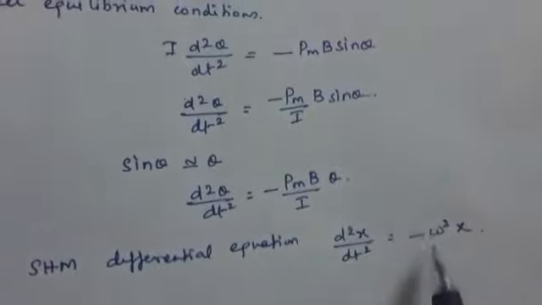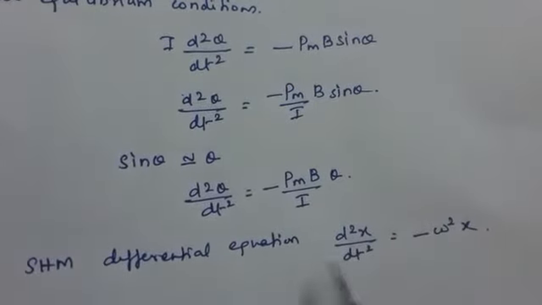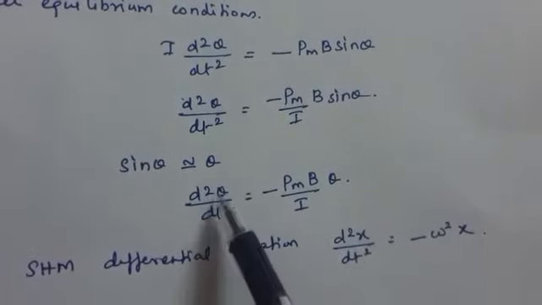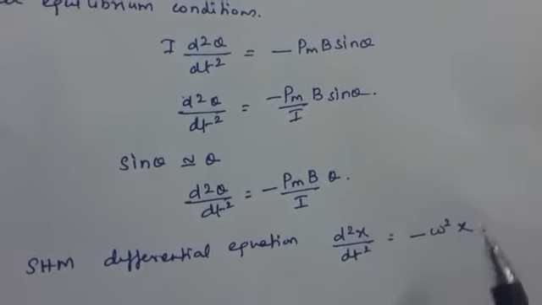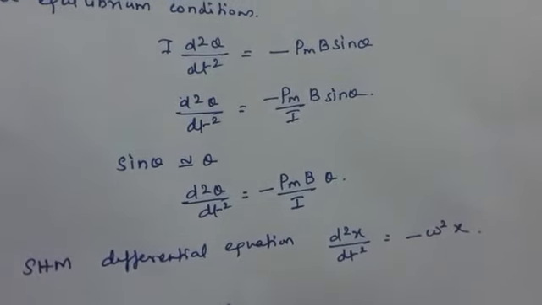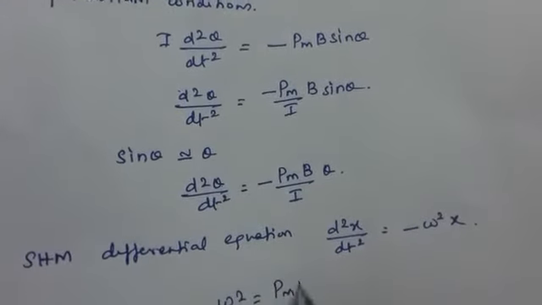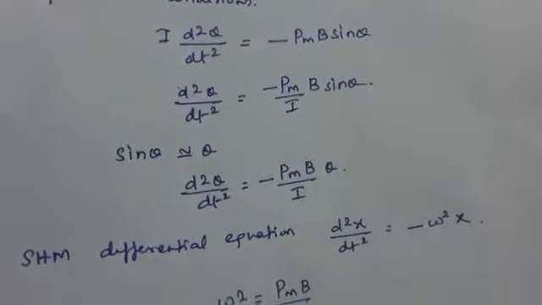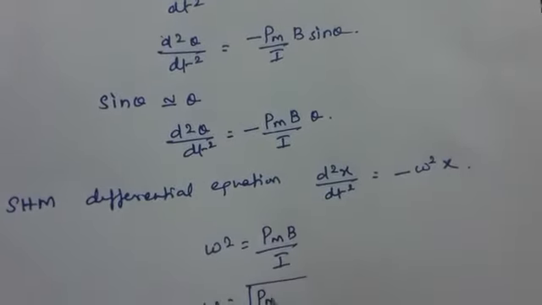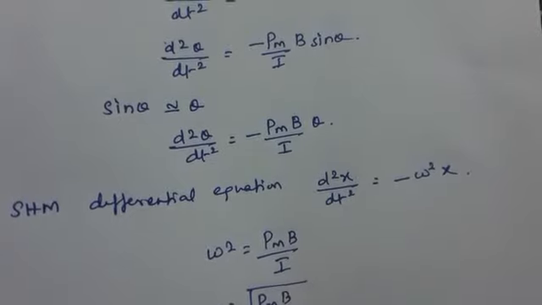So, when we compare these two equations, here it is theta, there it is x; here it is angular displacement, there it is linear displacement. Here omega square is equal to PMB by I. We can compare it. So what is your omega value? Omega is equal to root of PMB by I.